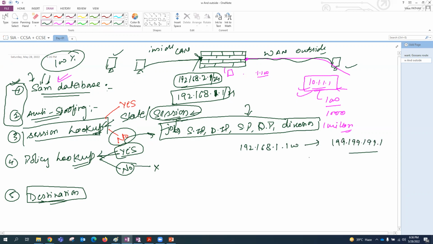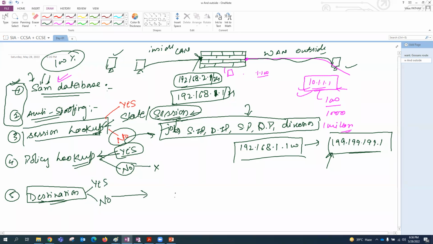So the firewall will check, okay, this is my source, this is my destination. Do I have any policy for this destination? If yes, the NAT policy will be applied. If no, it will be passed to the next particular step.